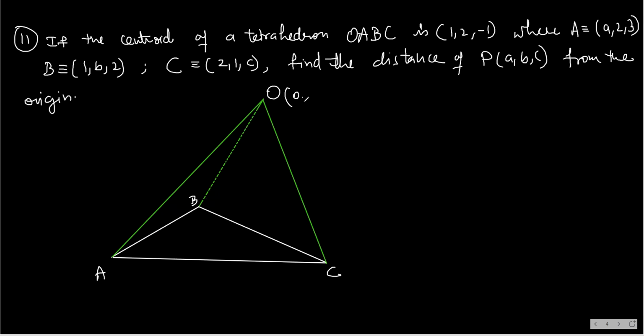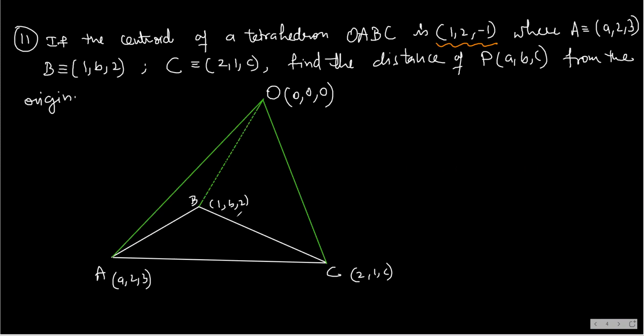O is (0, 0, 0). The coordinates of A are (a, 2, 3), B is (1, b, 2), and C is (2, 1, c). They say the centroid of the tetrahedron is (1, 2, -1).